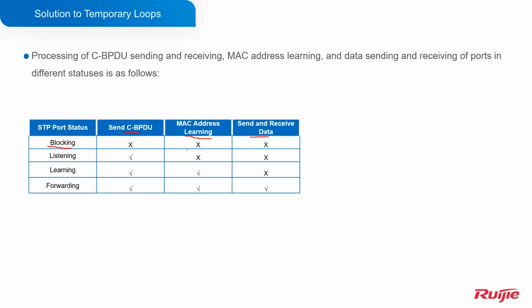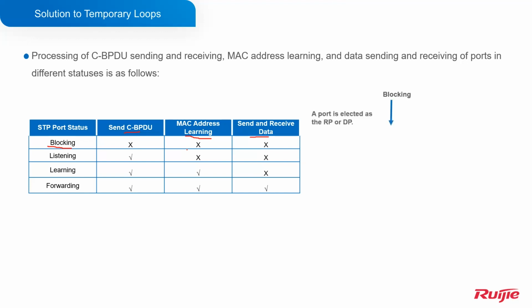In the forwarding state, the port can work normally. It can send BPDUs, learn MAC addresses, and send and receive data. So the relationship between these states is like this. Firstly, the port is in the blocking state.